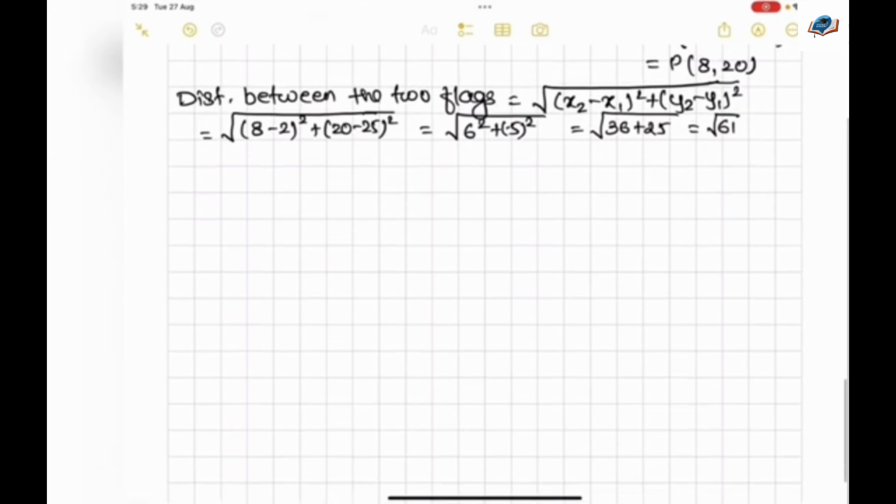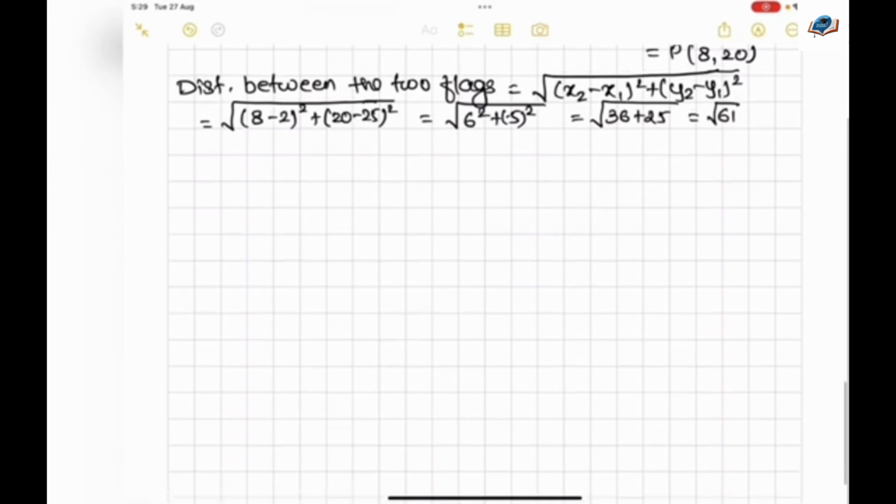Now they are saying that Rashmi has to post a blue flag.